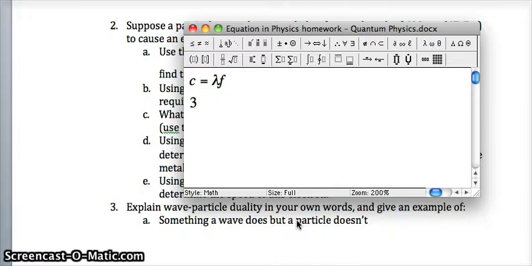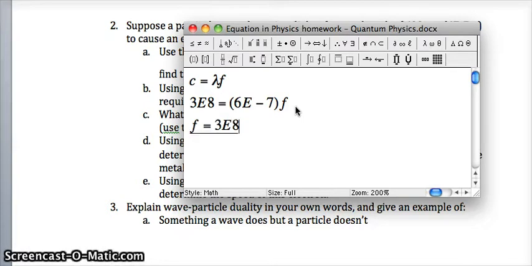So 3 times 10 to the 8th is equal to lambda, which was 6 times 10 to the negative 7, times the frequency. So the frequency is 3 times 10 to the 8th divided by 6 times 10 to the negative 7th. That should be 5 times 10 to the 14th, and that's hertz.